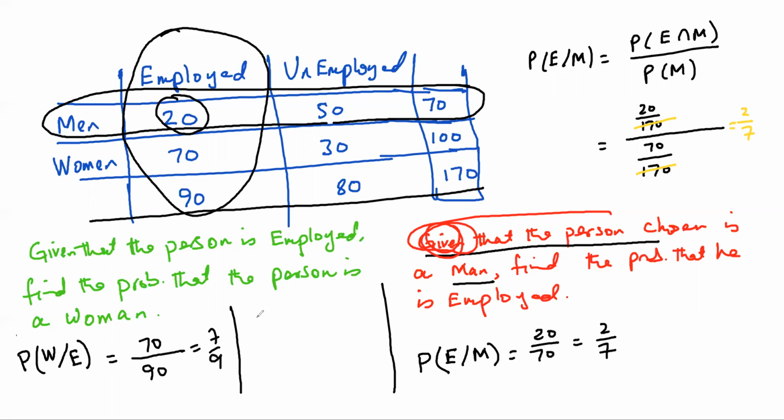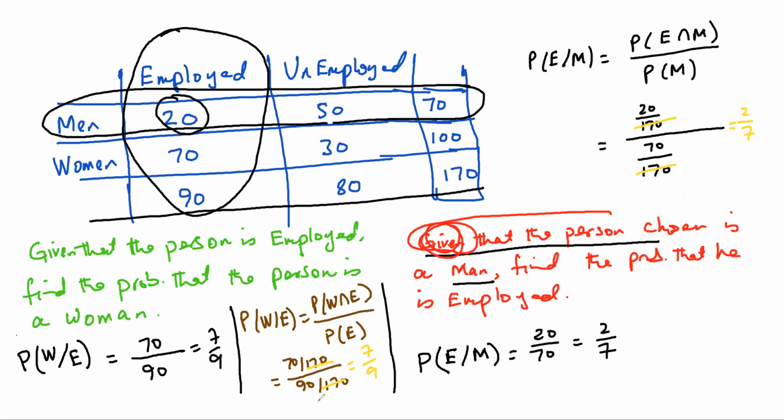The formula says to find the probability of women given employed, this is going to be the probability of women and employed over the probability of employed. So women and employed, that is 70 over 170, and employed is going to be 90 over 170. So you can cancel the 170 with the 170, and you're left with 7 over 9.